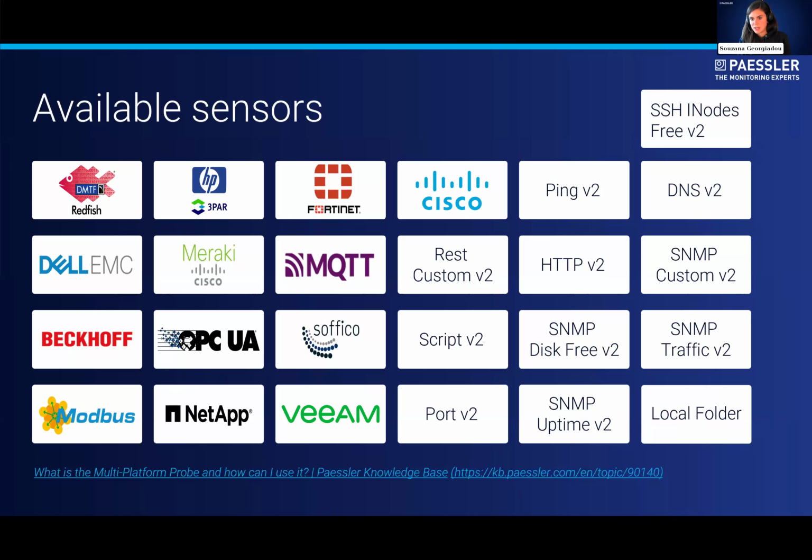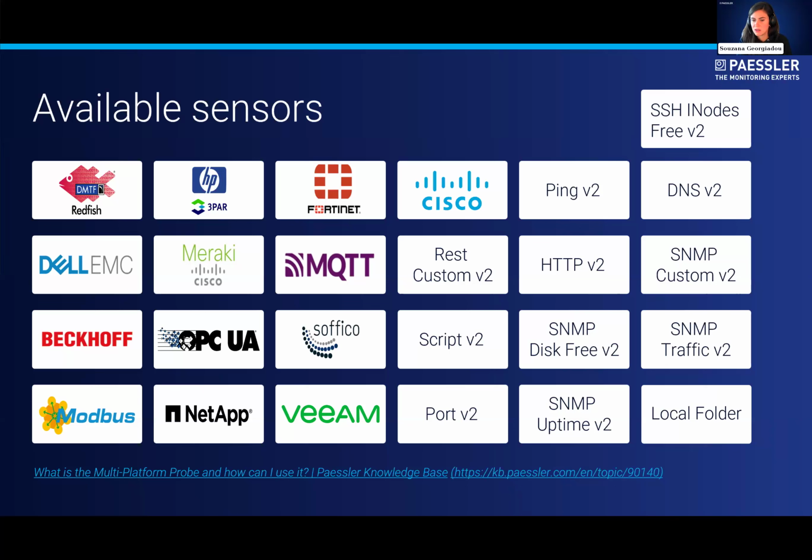And on the right side, I'm sorry, we have the custom sensors. There you can add the sensors you have, and you can configure them as you want using your preferred protocol, to get the metrics you want to monitor your systems efficiently. And there are many protocols available.